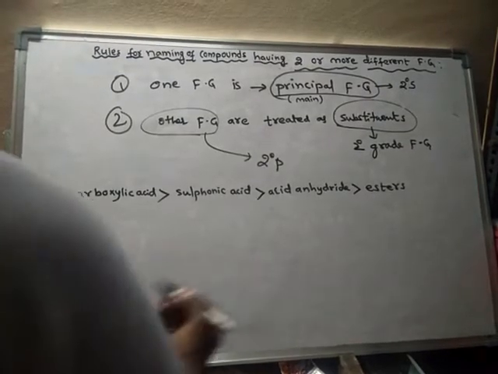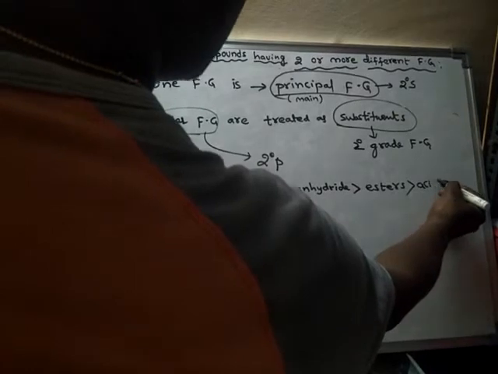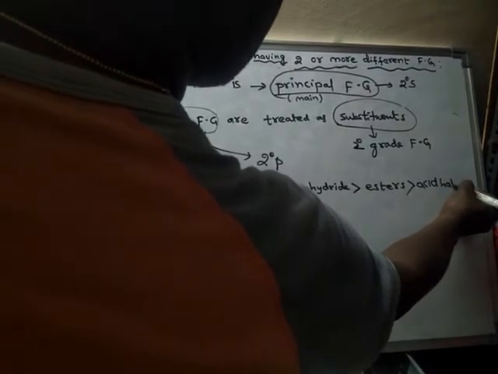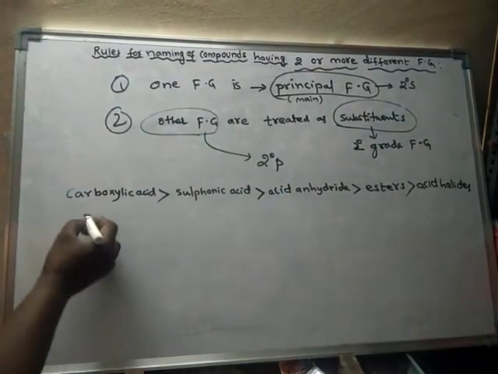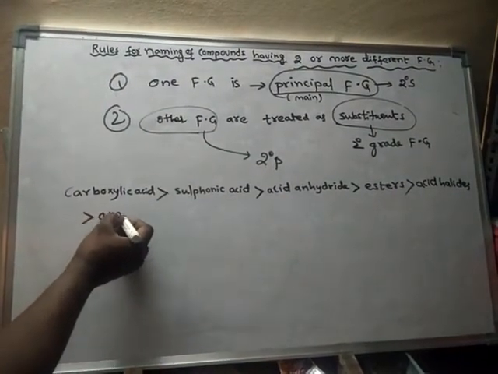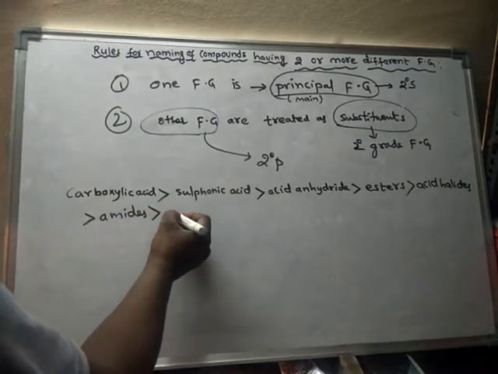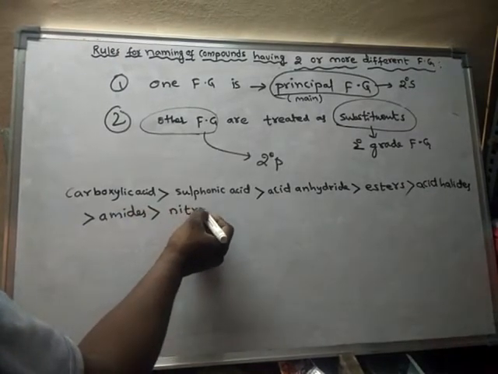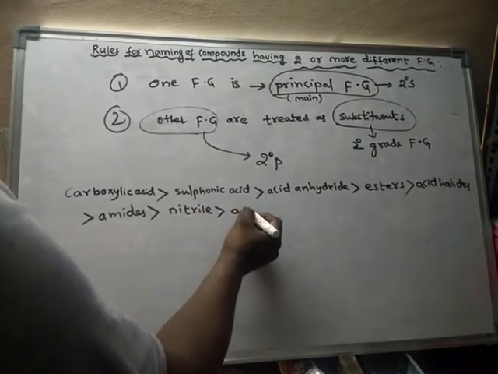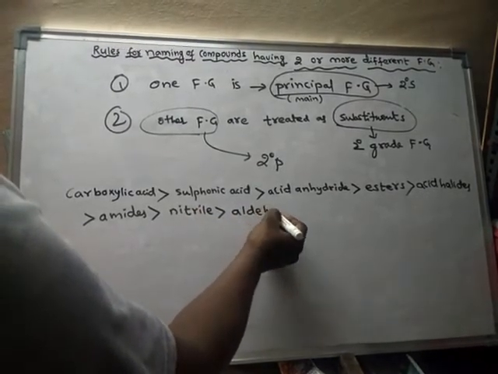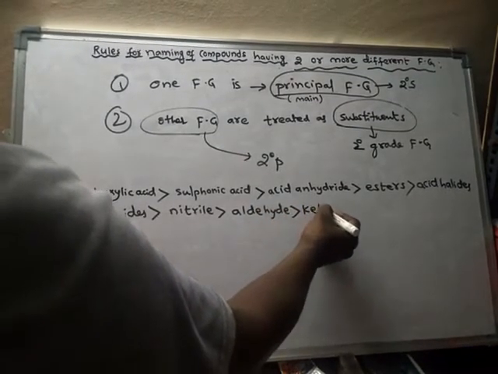So like this. And after this one, acid halides, and after that amides, next nitrile, next aldehyde, next one is ketone.